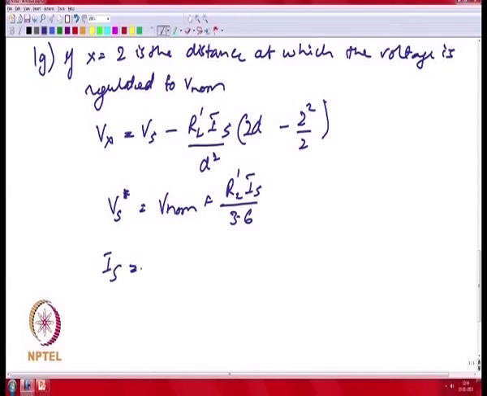would have been say 0.15 kiloamps at 25 amps per kilometer loading. At 20 amps per kilometer loading, you have 0.15 into 20 by 25 equal to 0.12.